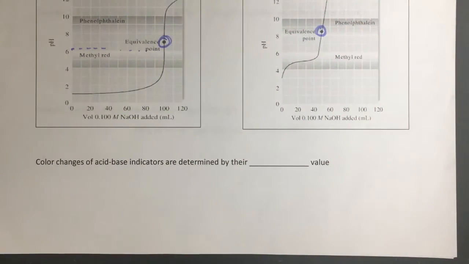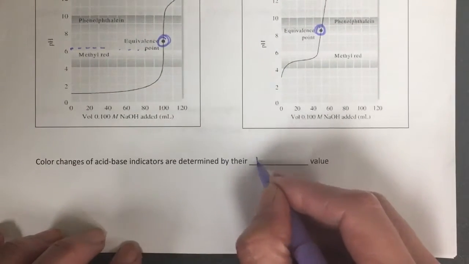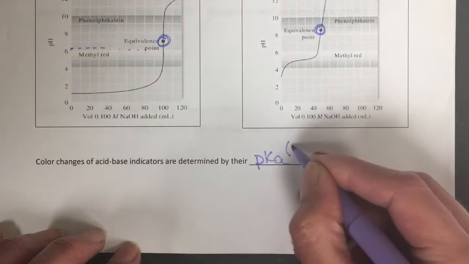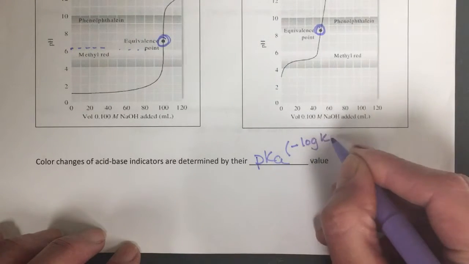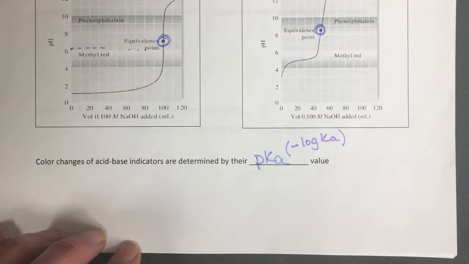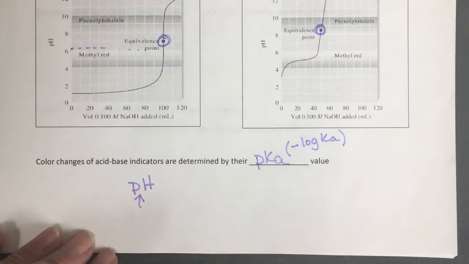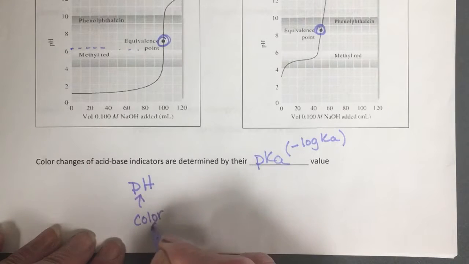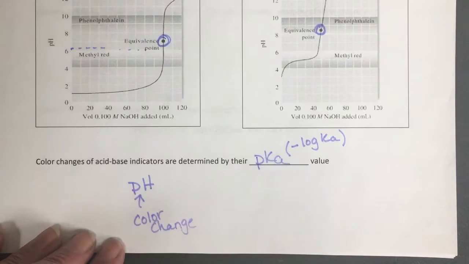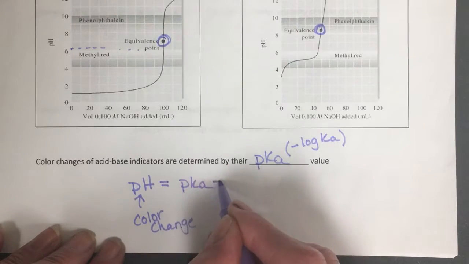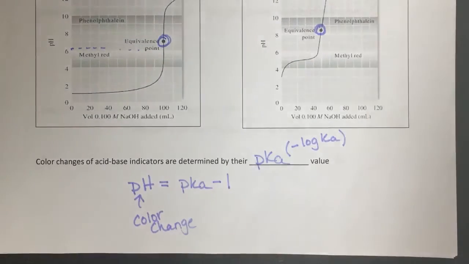Now, when I choose an indicator, because my indicators are weak acids, the color change is going to be determined by their pKa value. Remember, the pKa is the negative log of their Ka value. And the pH where I want my color change to occur is going to be equal to the pKa minus 1.